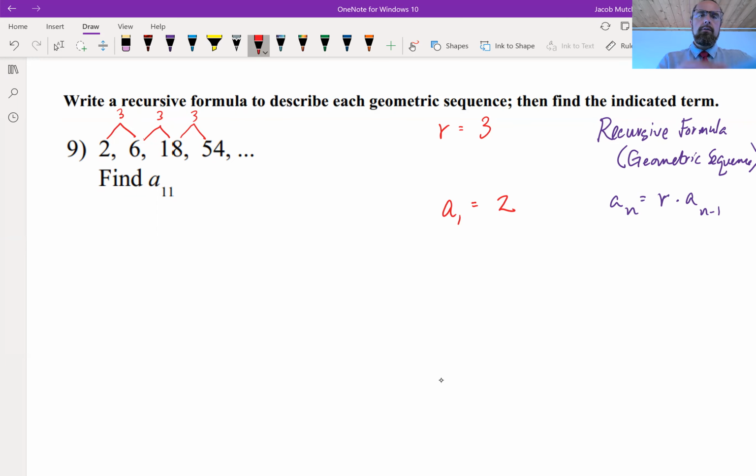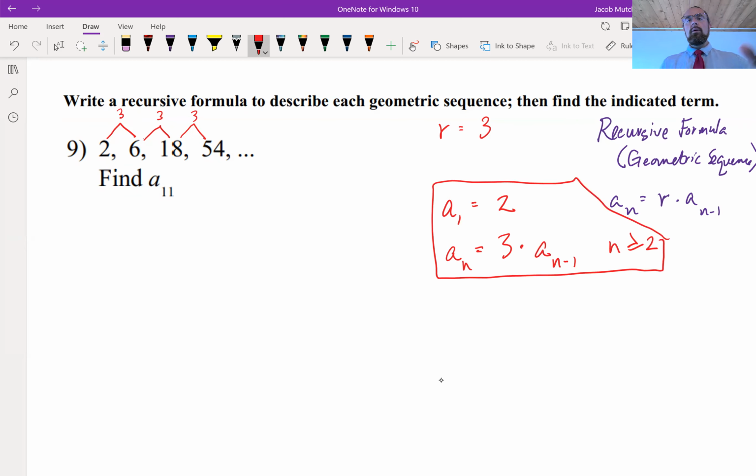So for our recursive formula here, a sub n is going to be equal to my common ratio of 3 times the previous term, a sub n minus 1, for values of n that are greater than or equal to 2. So you do need to include that description of what my n values can be, so we don't say that we have n values less than 1.